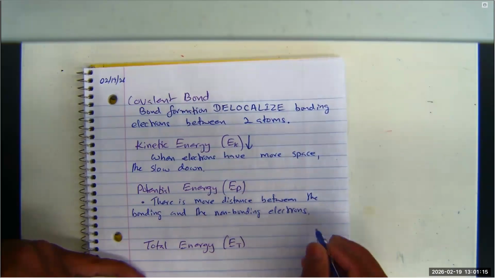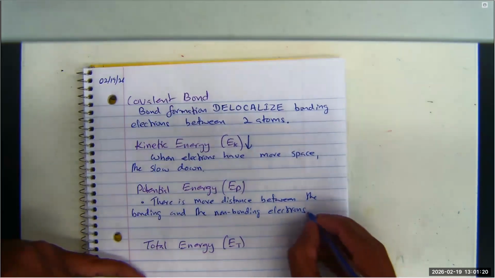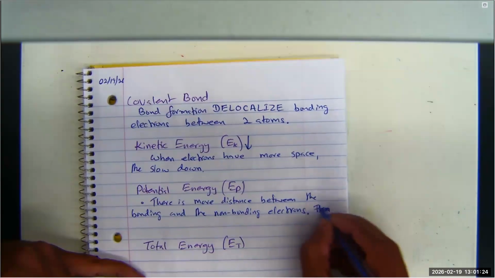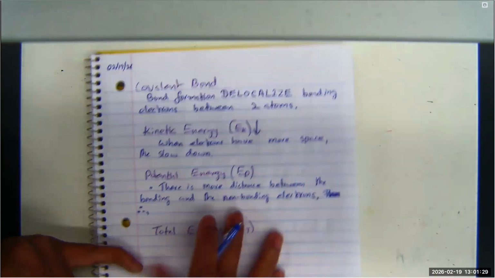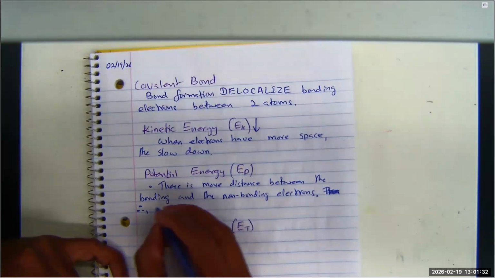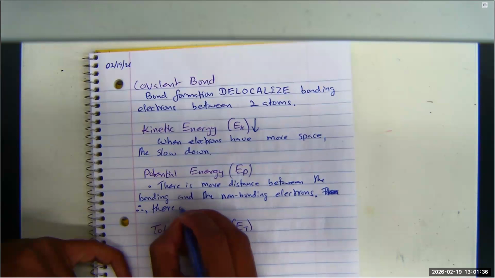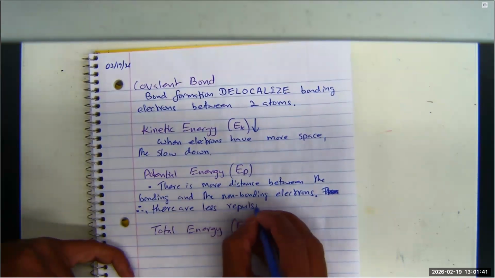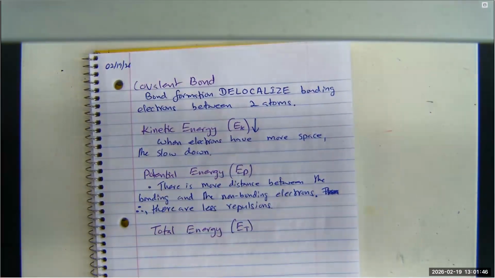Therefore, I'm going to write three dots for the therefore just to save some space. Therefore, there are less repulsions.